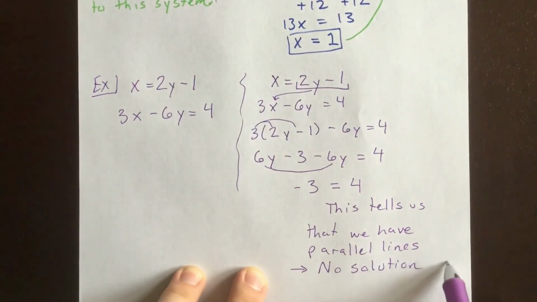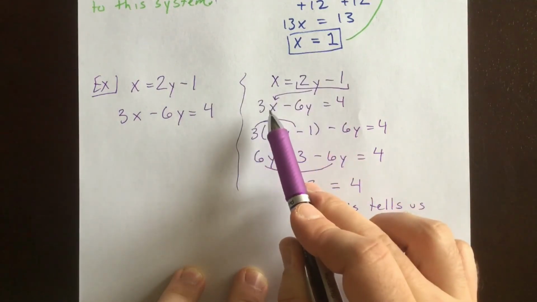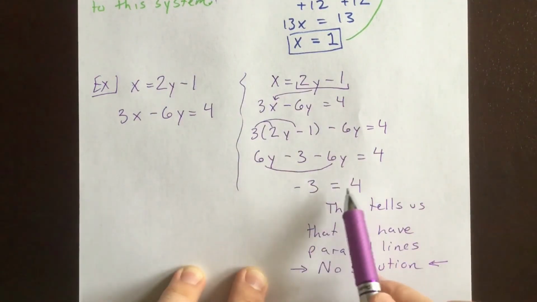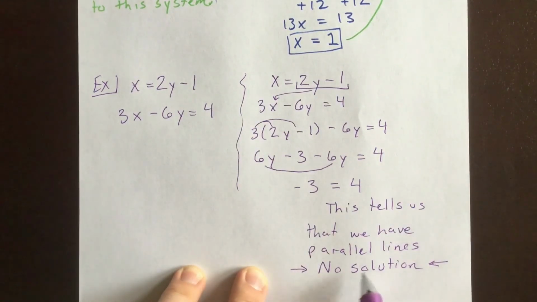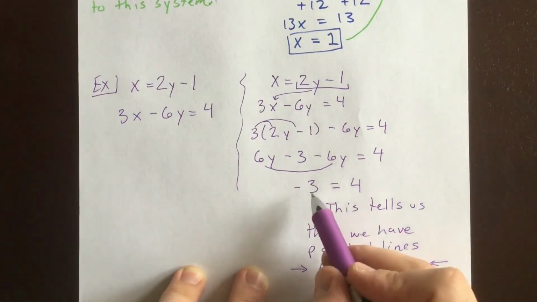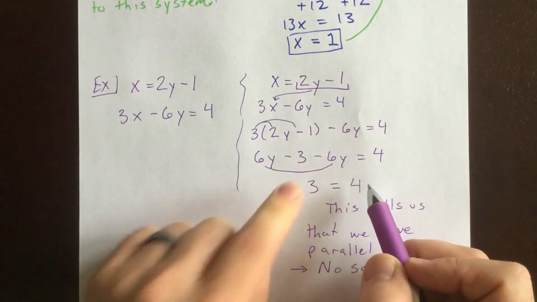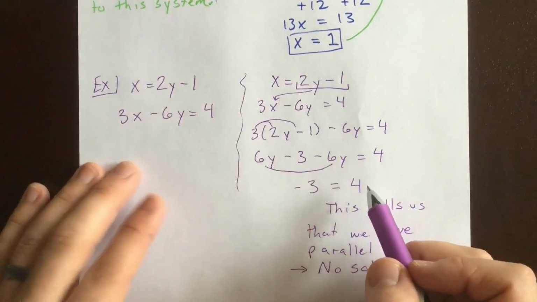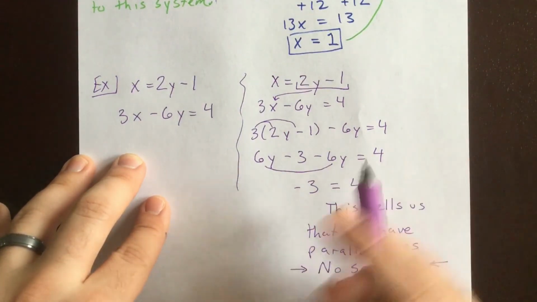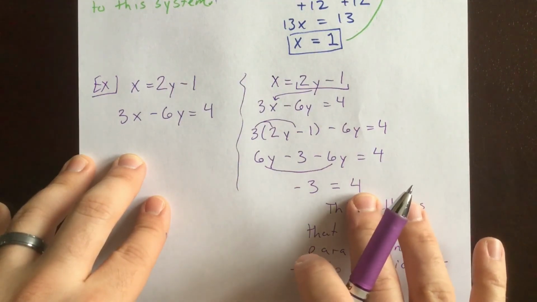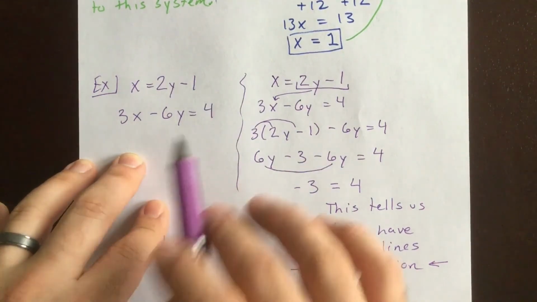What told me this is that we substituted our x equals into the other equation, simplified, and got down to one number equaling another number, and that tells us no solution. If it was 4 equals 4, one number equaling the same number, that tells us something different that we're going to see in future videos. But right here, with negative 3 equaling 4 and not being okay, this is no solution. There's no solution to this system.